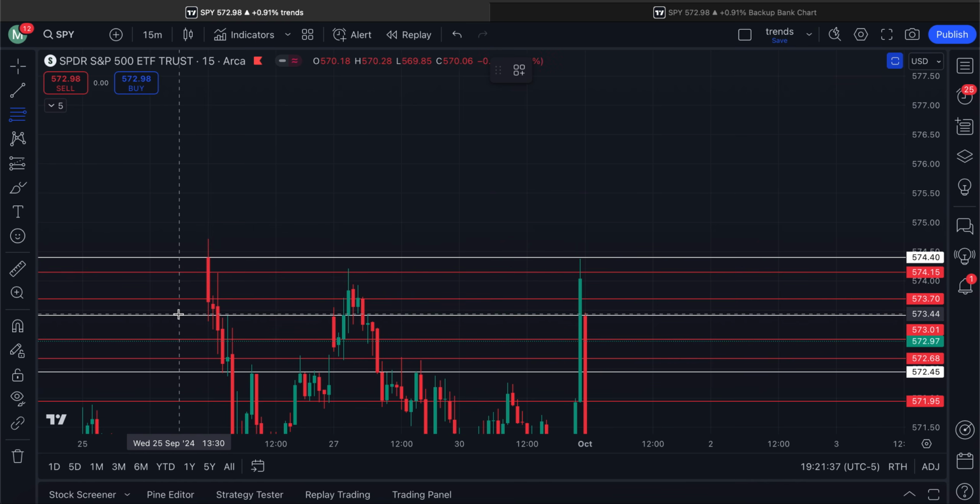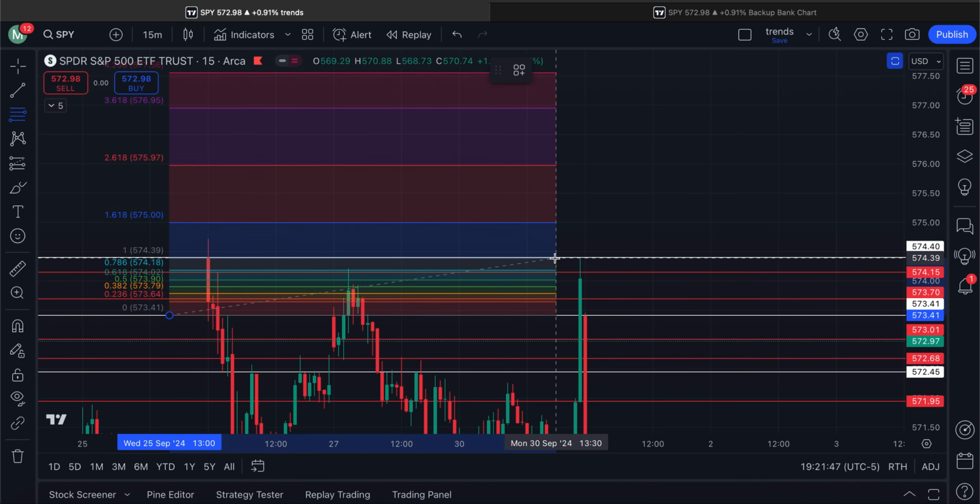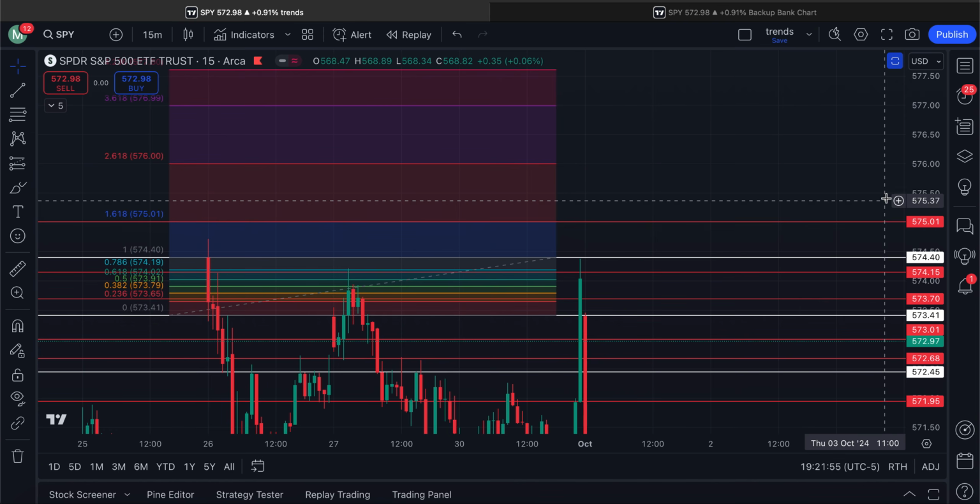I usually put my fib down from one key pivot, which in this case is 573.41, to my next key pivot, 574.40. My first price target is going to be 575.01. Once I see it start holding 575.01, 576 is my next price target.